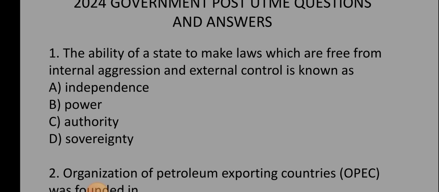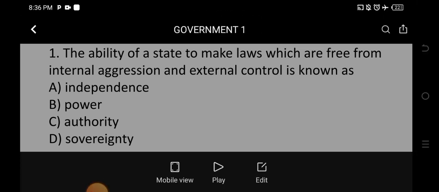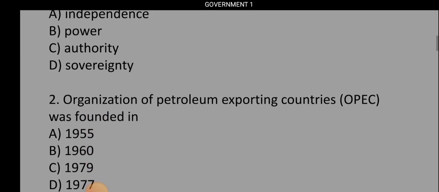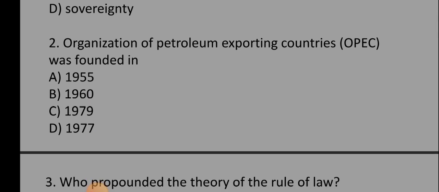The first question: the ability of a state to make laws which are free from internal aggression and external control is known as dash. The correct option there is option D, which is sovereignty. Number 2: the Organization of Petroleum Exporting Countries (OPEC) was founded in dash.